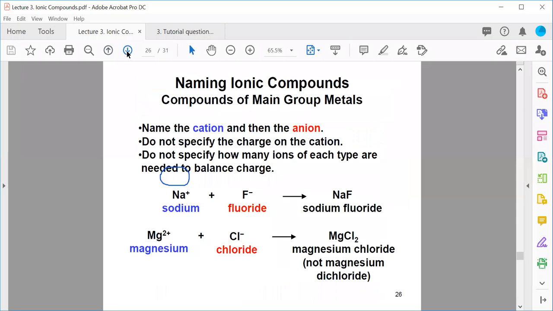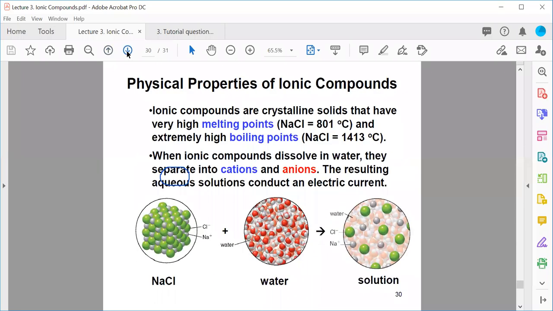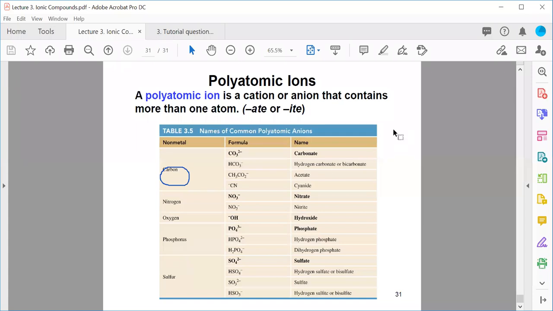Sometimes it just is what it is. There are probably reasons for that, possibly historical reasons that I'm not aware of, but that's the way we describe this particular species as hydroxide.